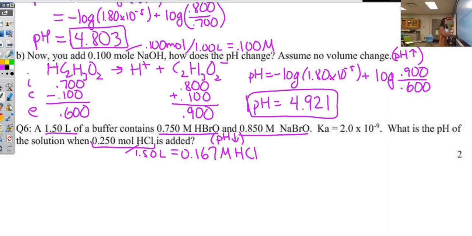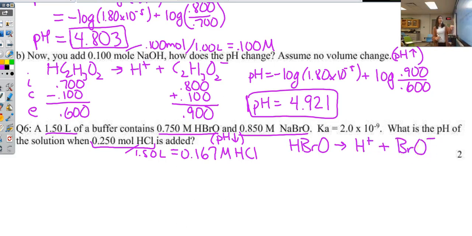Okay, so what I'm going to do is, which one is dissociating? What's my acid here? I need to know my acid and my conjugate base. So which one's my acid? The HBrO. And that's going to break up into what? H plus and BrO minus. Very good.